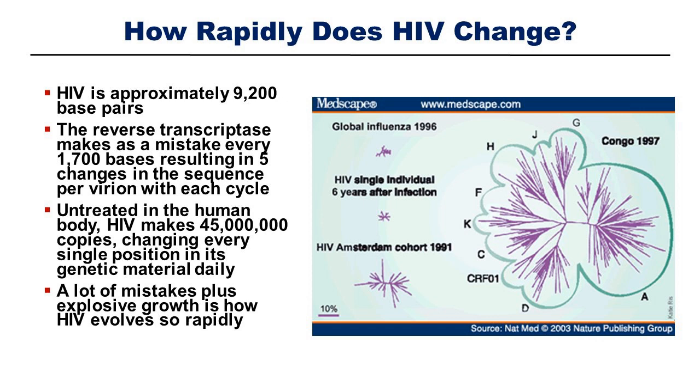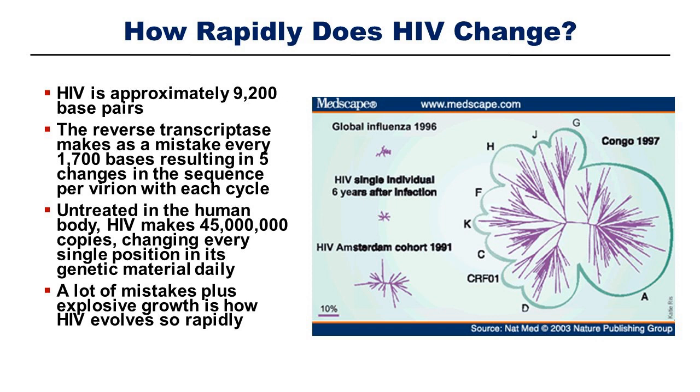In the course of an untreated HIV infection in the human body, there are, on average, 45 million copies of HIV made per day, and this is an untreated infection. If you start doing some calculations on that, it leads to a change in every position in the nucleic acid, in the genetic material, every day in an individual.